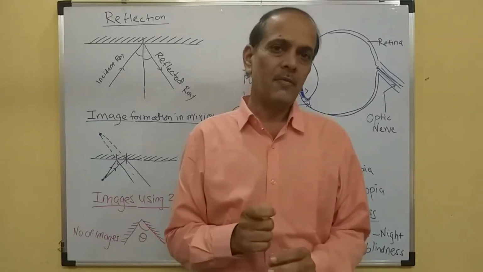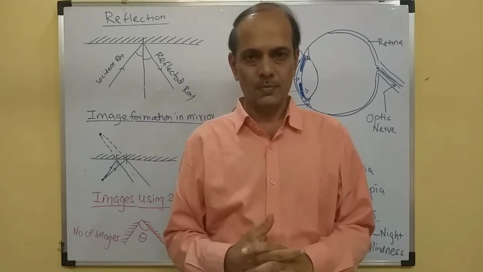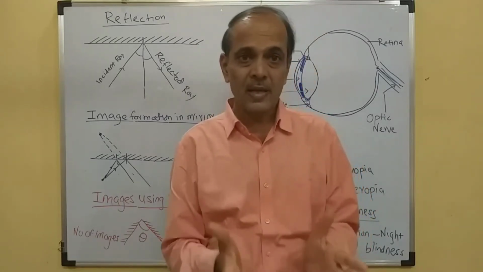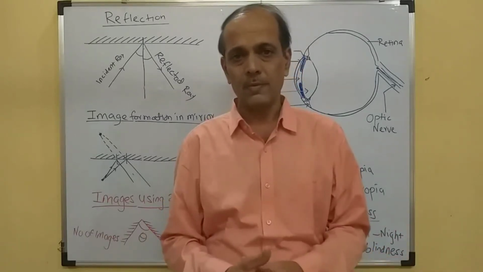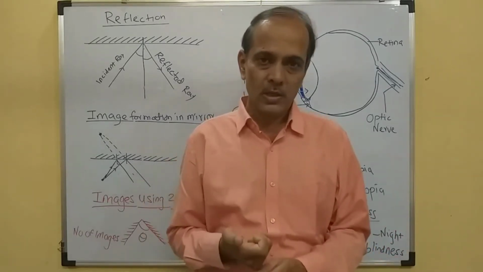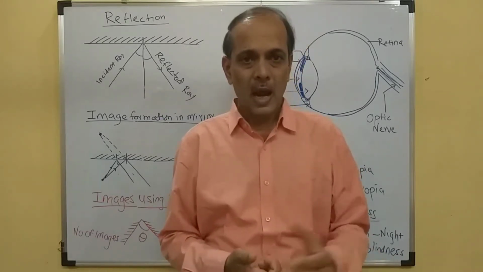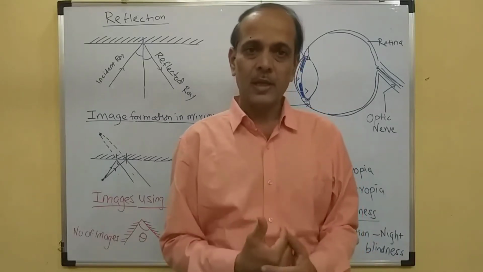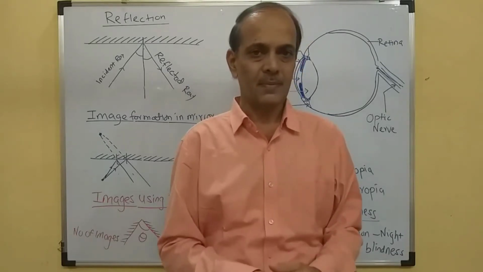So light plays an extremely vital role in our life. You know that if you miss your keys in a very dark room, you go there but you can't see where the key has fallen, where we should look for it. Then you take a torch, flash the torch around every corner and that light reflects back from the key to your eyes and you can notice the place of the key.